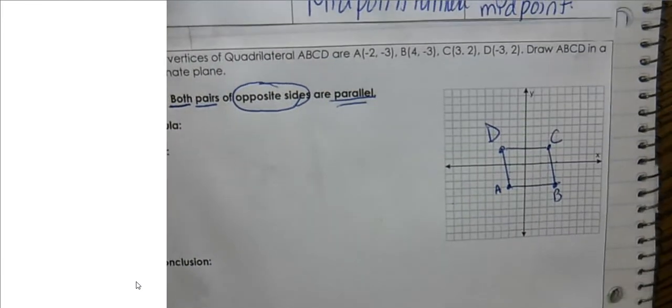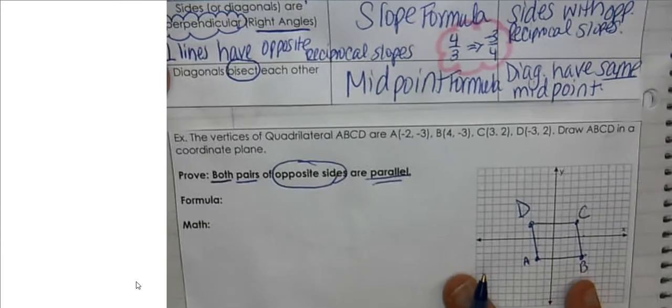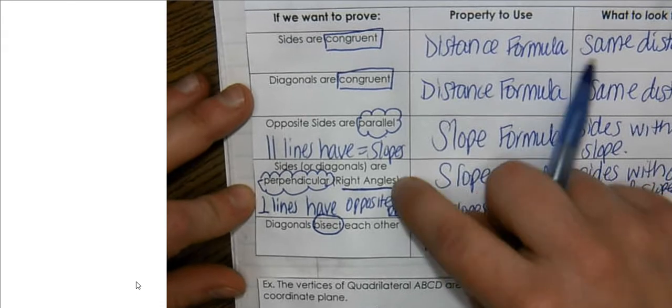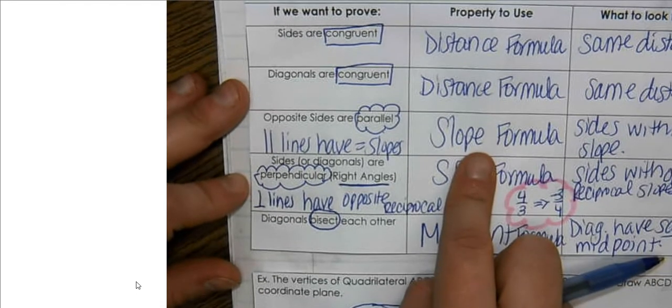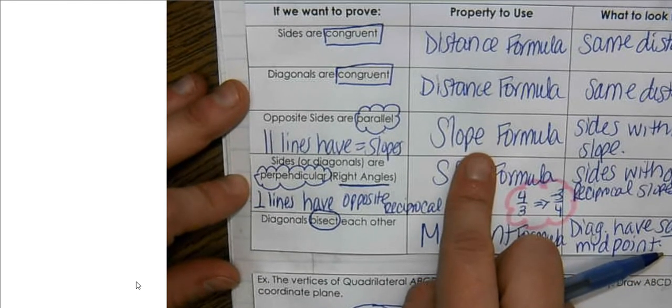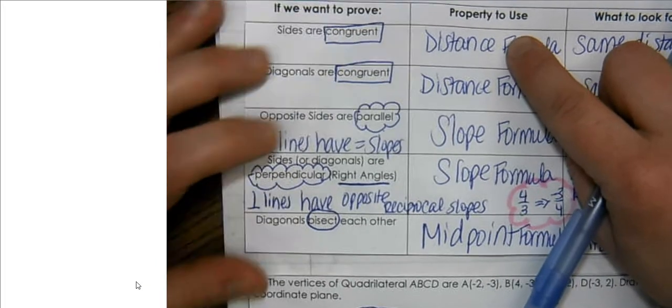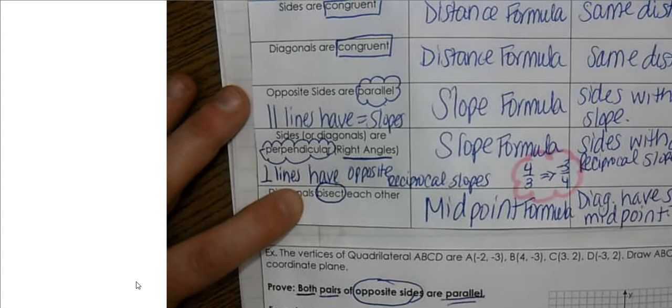So there are some key words. If you see the word parallel or perpendicular or right angles, that means you're going to have to use the slope formula. If you see the word congruent, you'll use the distance formula. If you see the word bisect, you'll use the midpoint formula.